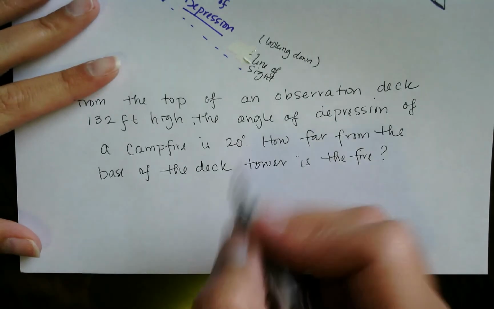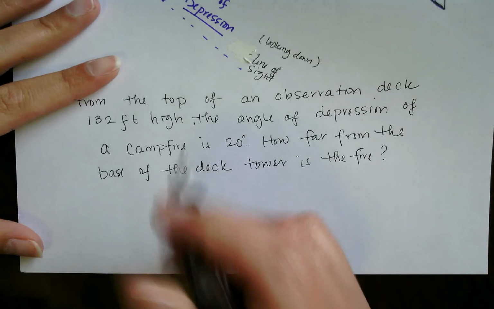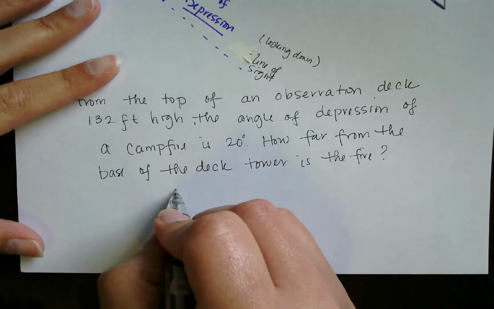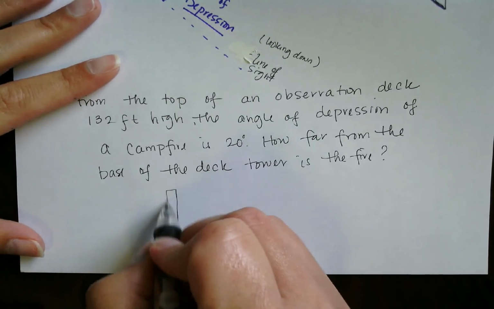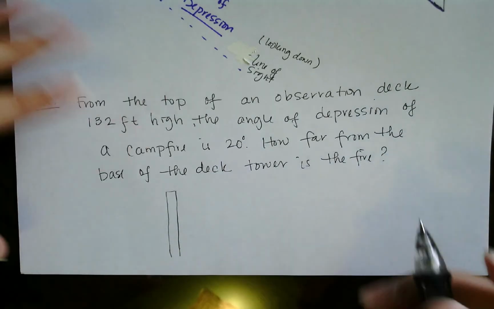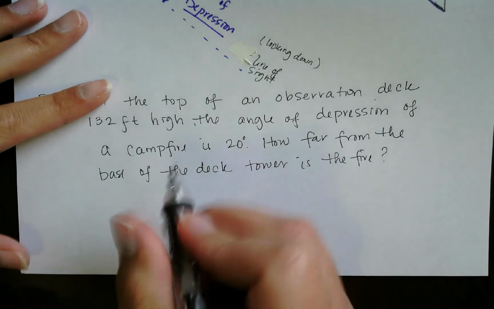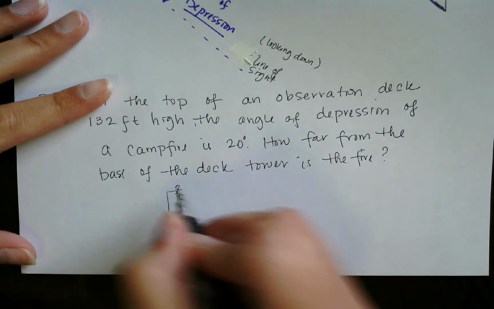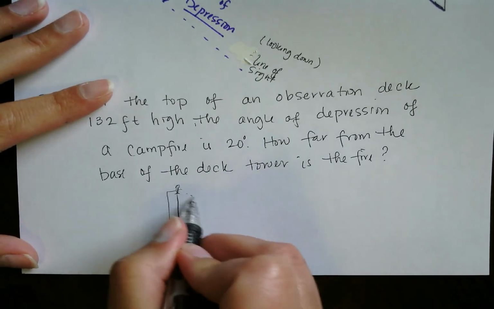Alright. So, we have an observation tower. So here's my tower. Observation deck, whatever you want to call it. And homeboy's up here, and he's looking down at a campfire. Here's my campfire, there's my fire.